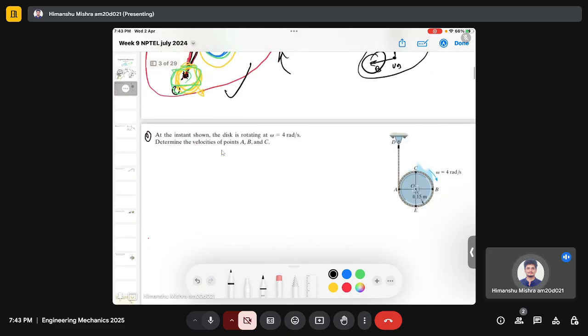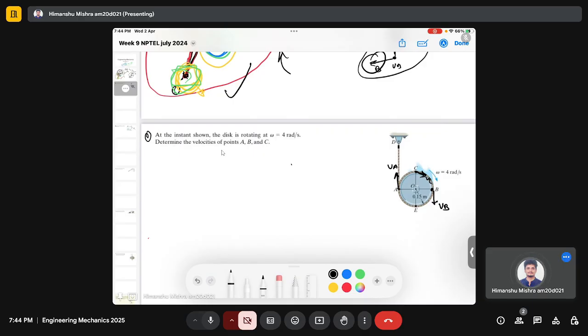Now having discussed this, let's solve the first question. At the instant shown, the disk is rotating at omega equal to 4 rad per second. Determine the velocities at points A, B and C. You can see that as this disk is rotating, this is my direction of VB, this is the direction of VA, and this is the direction of VC.